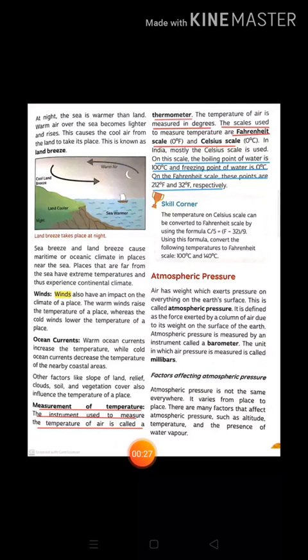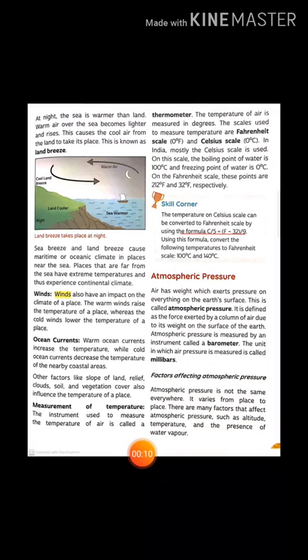On the Celsius scale, the boiling point of water is 100 degrees Celsius and the freezing point of water is 0 degrees Celsius. And on the Fahrenheit scale, the boiling point is 212 degrees Fahrenheit and the freezing point is 32 degrees Fahrenheit. Students, if you want to convert the temperature of Celsius scale to Fahrenheit scale, you can use this formula.